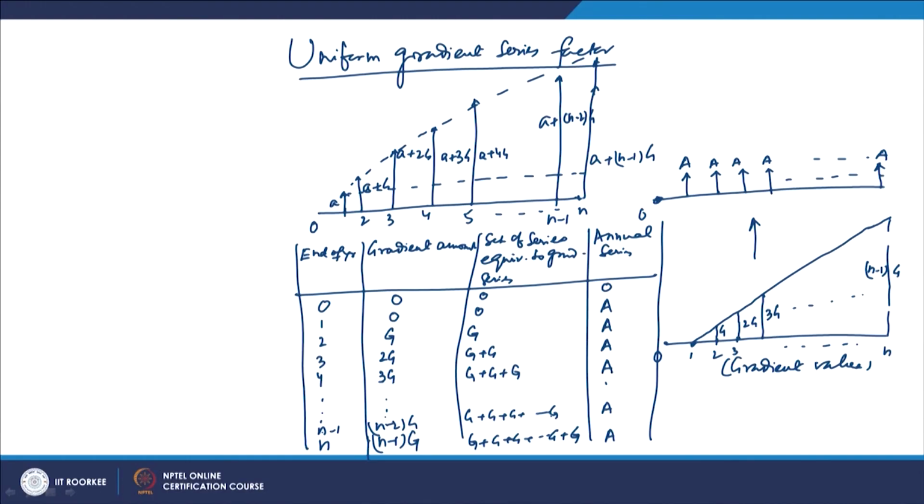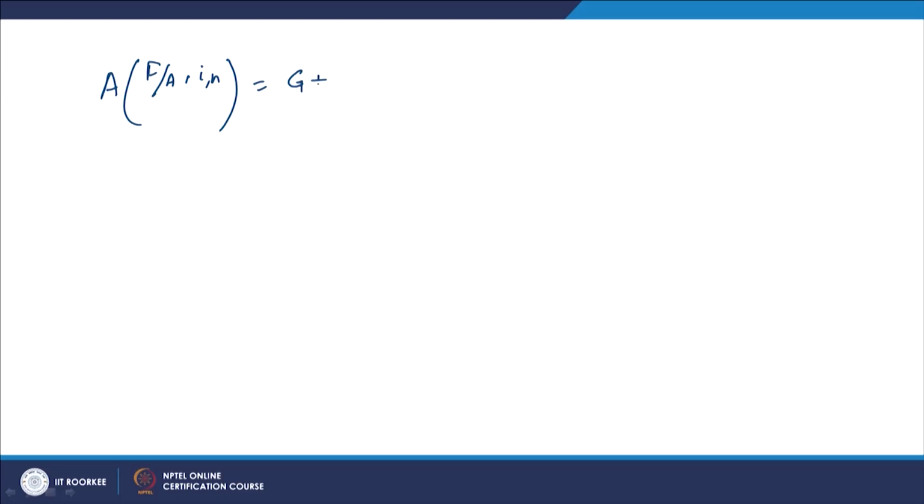So, it will be g into F by A, i, 2. So, this way it will go up to F by A, i, n minus 1. So, you can have this as g, that is the last one, then another g, there are 2 g's. So, it will be g into F by A, i, 2. Similarly, g will be F by A, i, 3. So, this will go up to g F by A, i, n minus 1.